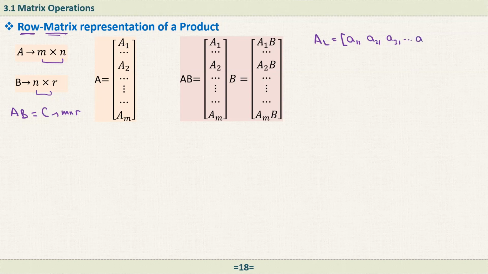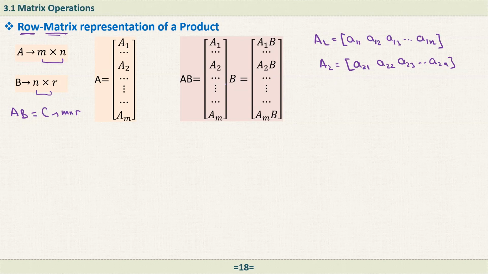So that is A11, A12, A13, dot, dot, A1N. And the second one is A21, A22, A23, dot, dot, A2N. In this way, we partition matrix A.